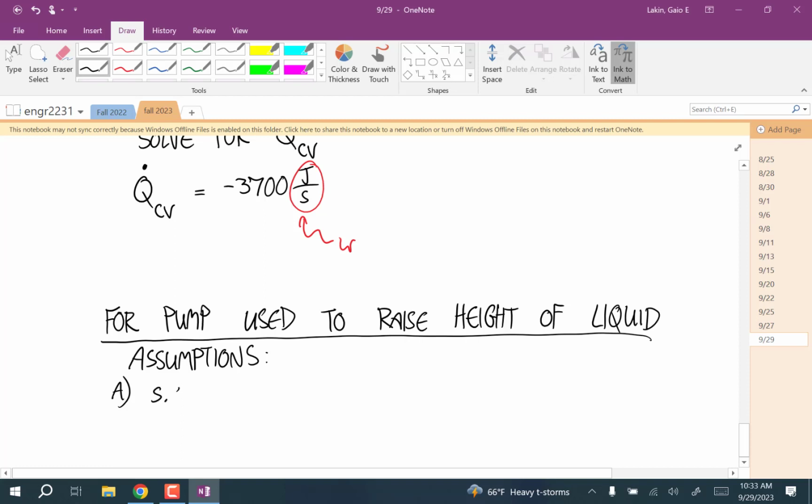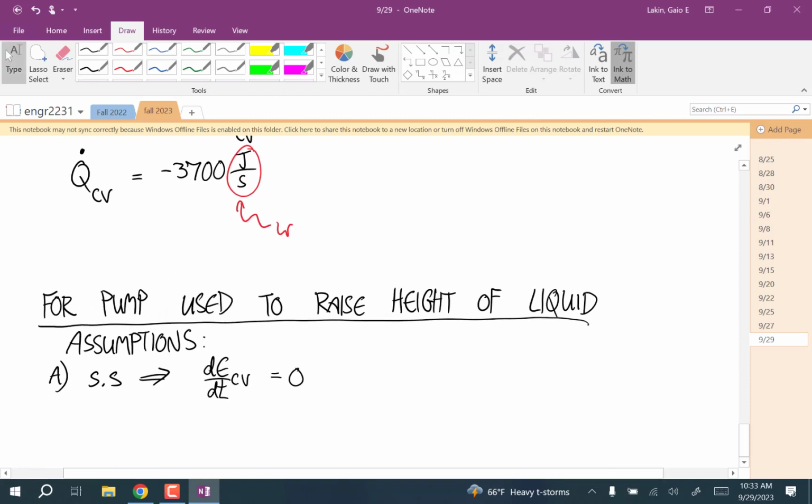First, steady state, and so dE/dt is 0. And mi dot is equal to me dot is equal to m dot.